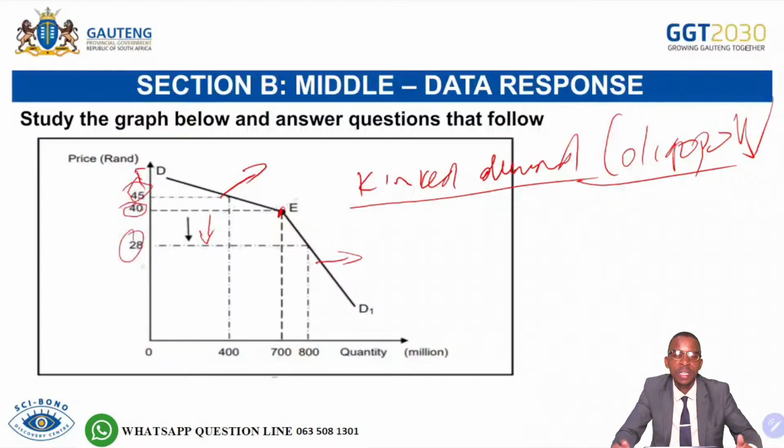They compete using the non-price competition strategies, which can be operating for extra long hours, offering extra services, giving loyalty schemes or loyalty points to consumers, door-to-door delivery, and then also smart packaging to attract consumers. The branding, having their brands being unique, advertising, marketing their products, that's a part of the non-price competition strategies that are used by firms under what we call oligopoly.